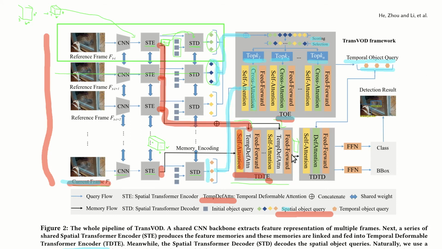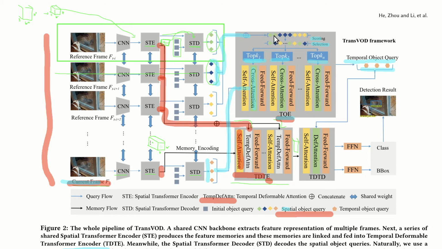And then we have as an output a feature map, which is quite rich because it contains information from the current frame and the past frames. After the encoder for each of these frames, we also apply a decoder block to get object queries or object proposals, but they are used like queries.